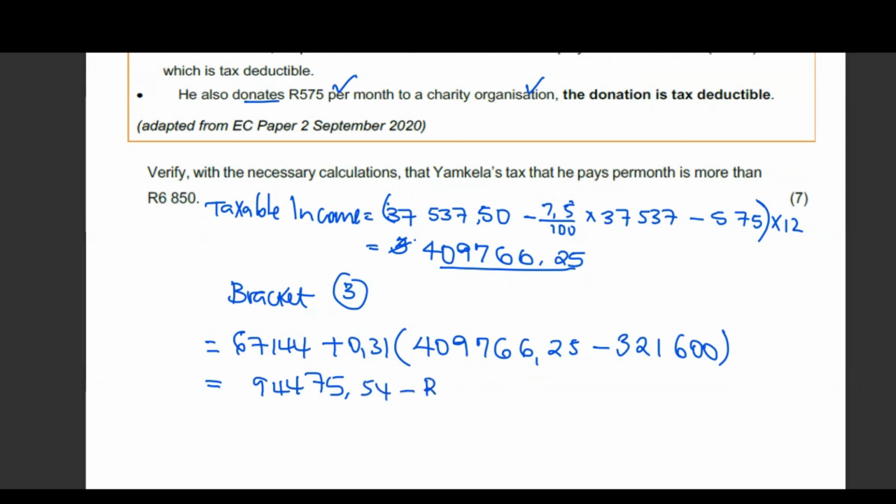Let's subtract the rebate. We shall not subtract the medical credits because they never talked of medical credits. Remember, the primary rebate was 14,958. Subtract that. You end up having this much money.